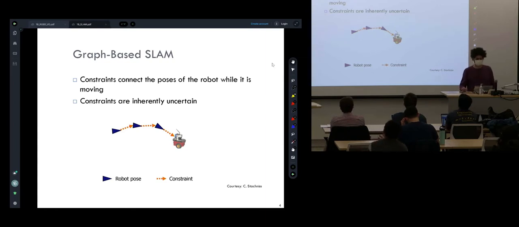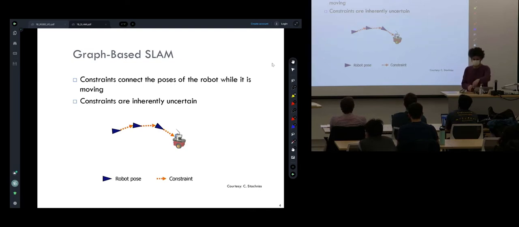Imagine a robot is navigating through an environment. If we record robot poses at discrete time steps, then you might label them using these blue triangles. Then you can think about temporal constraints between any two robot poses that we wish to track.